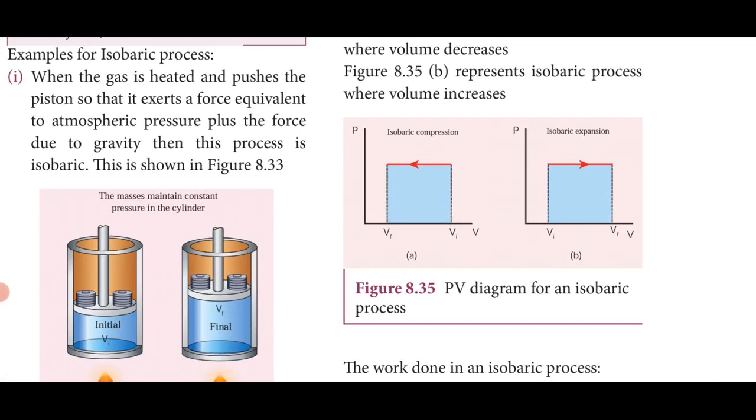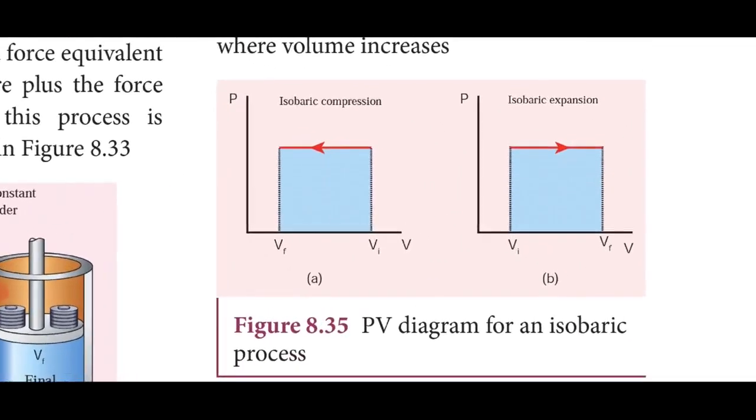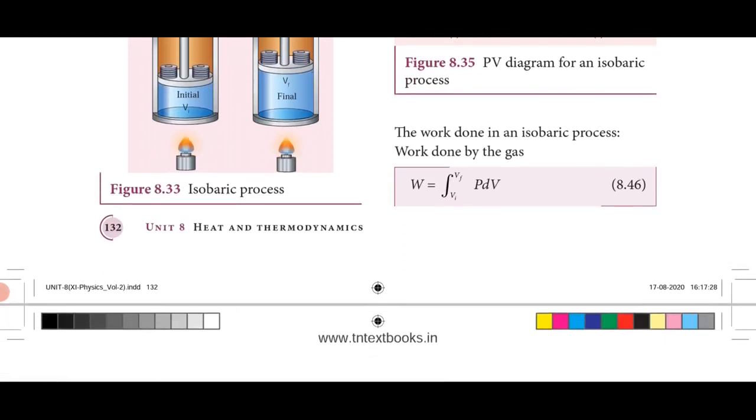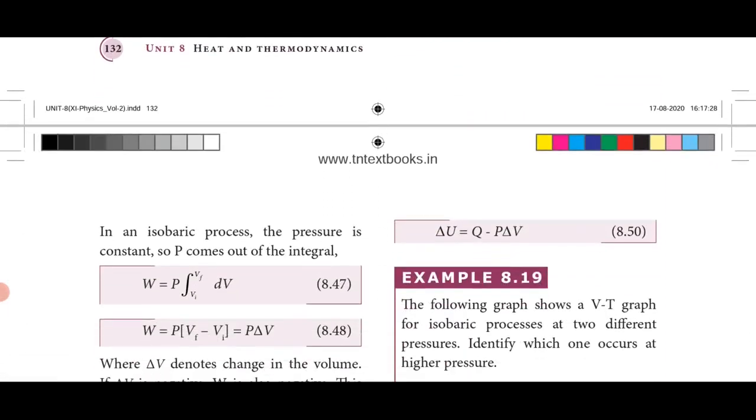Here, in the PV diagram for the isobaric process, we take the two volumes, for the final stage and the initial stage, and see how the pressure behaves. The work done in an isobaric process is the pressure times the differential of the volume, integrated from the initial state to the final state.